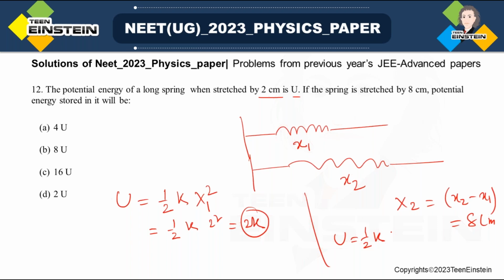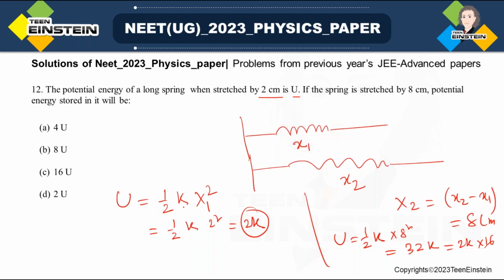So this is 32K, which we can write as 2K into 16.